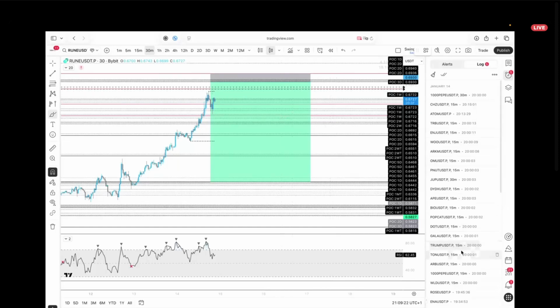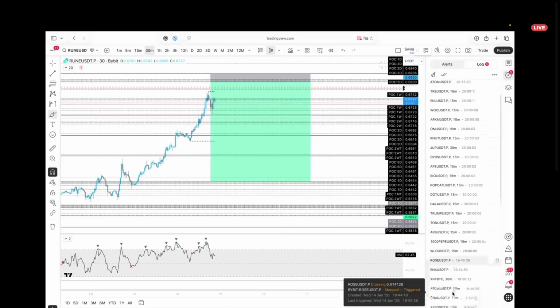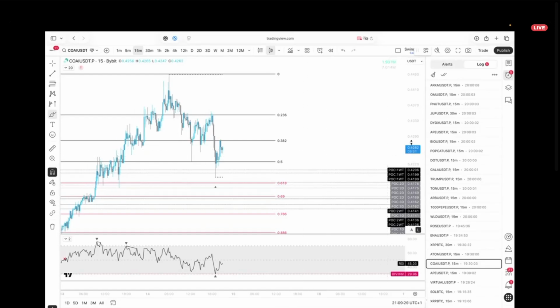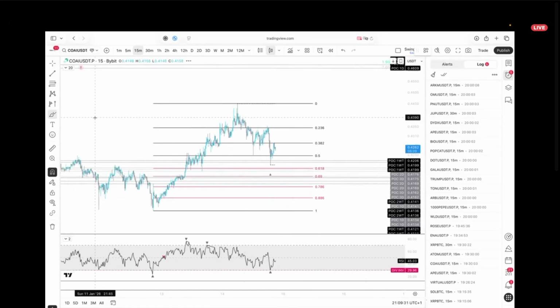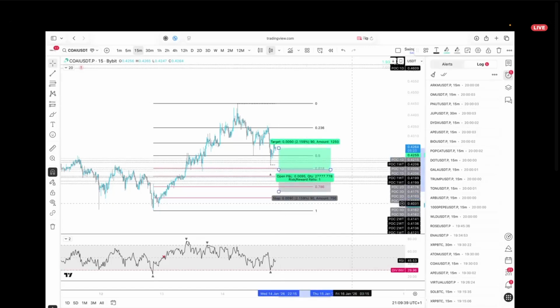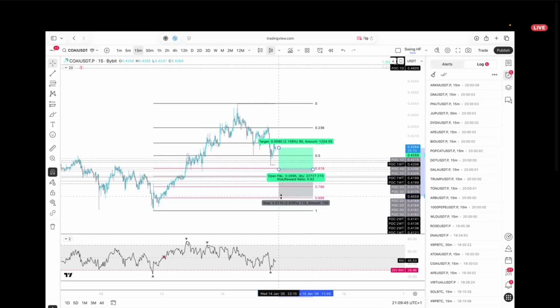We can see how it goes. Then what else do we have here? I think I had something. Yeah, we have a peak, but we have a big area here. Let me see how much it is in percentage. We would have to take this peak here, this POC here. Yeah, it might be.